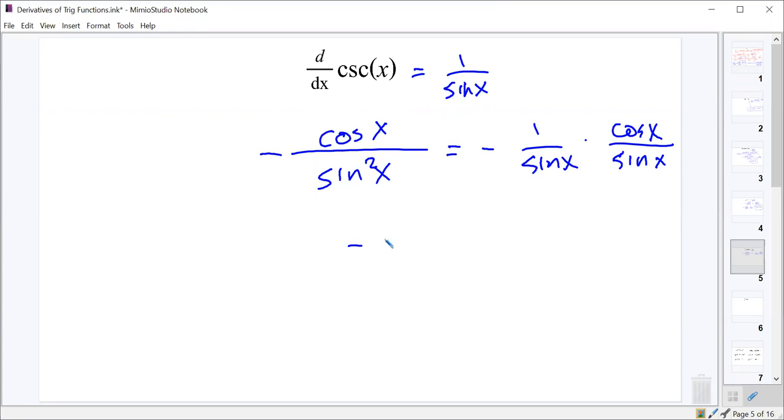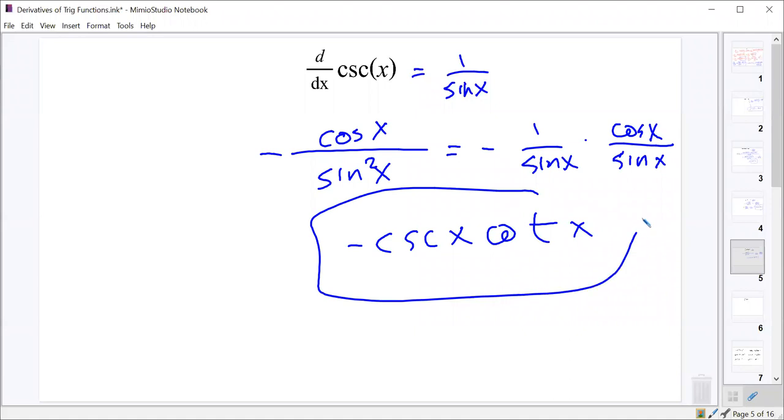And then that is negative cosecant x cotangent x. And that's our derivative of cosecant x. Everybody good with cosecant x?